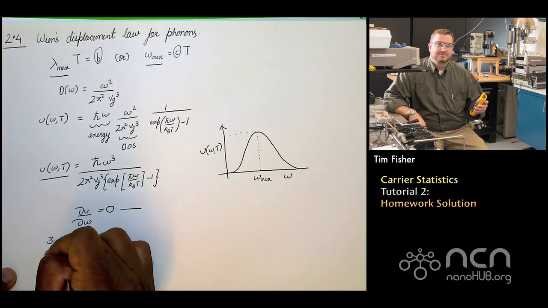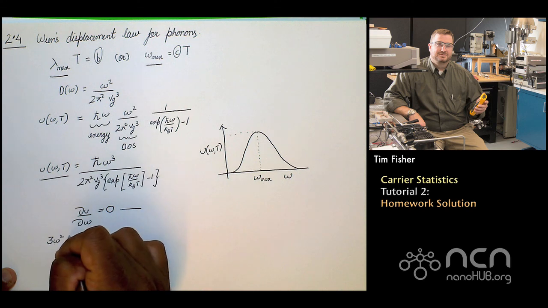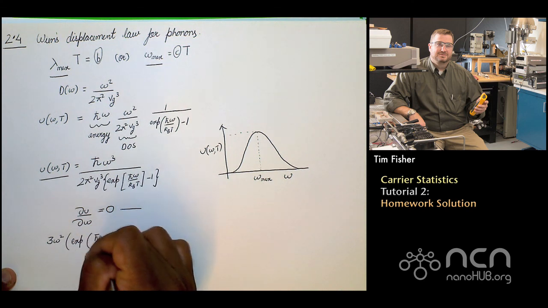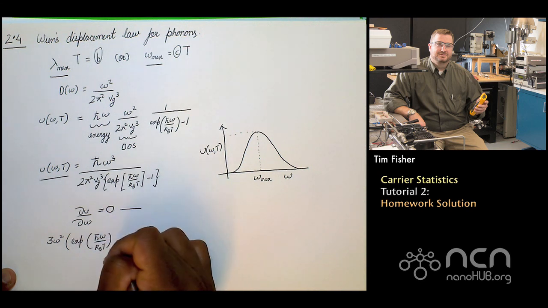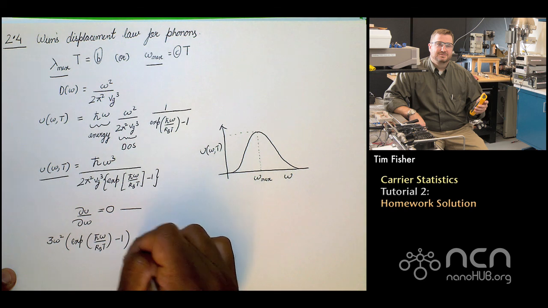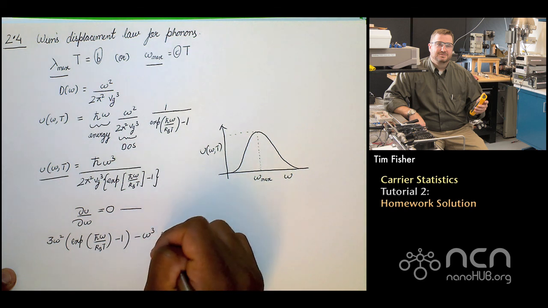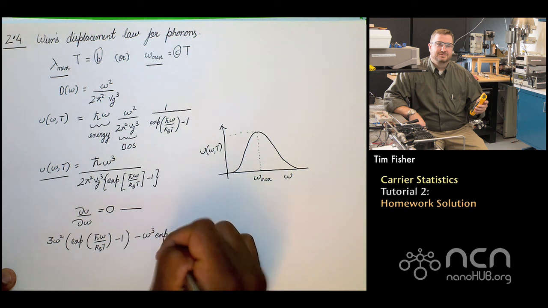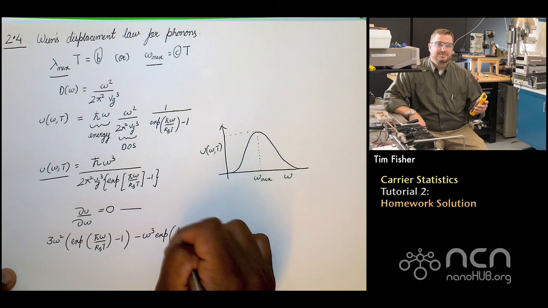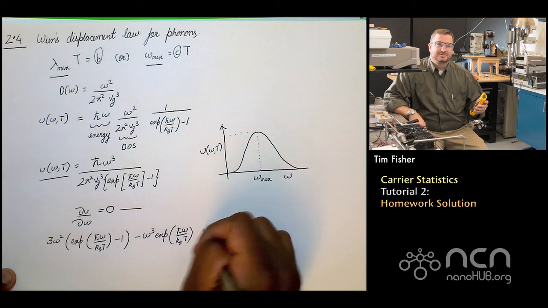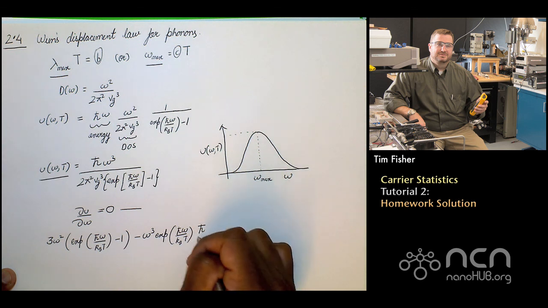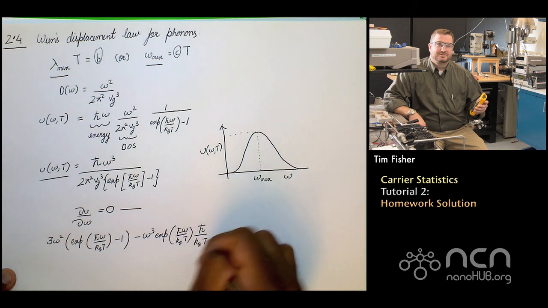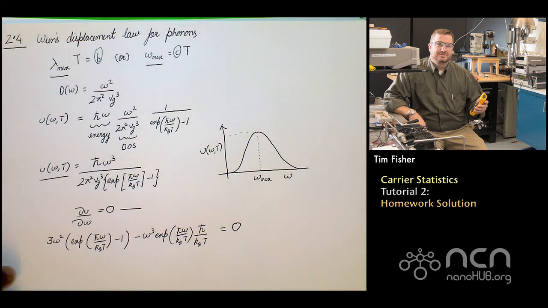3 omega square multiplied by the exponential of h bar omega upon kBT minus 1, minus omega cube times the exponential of h bar omega upon kBT, multiplied by h bar upon kBT, equals 0.